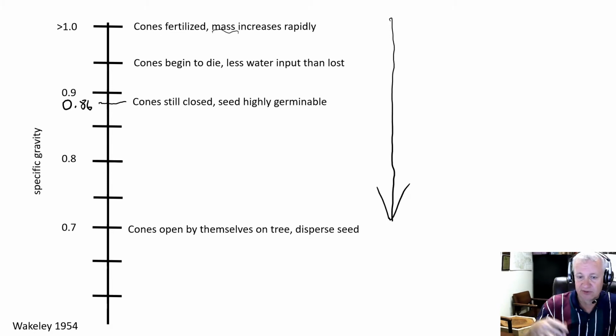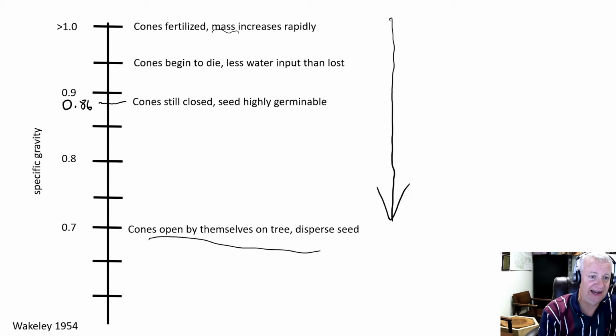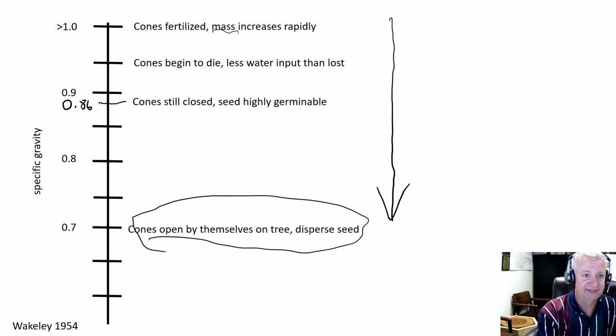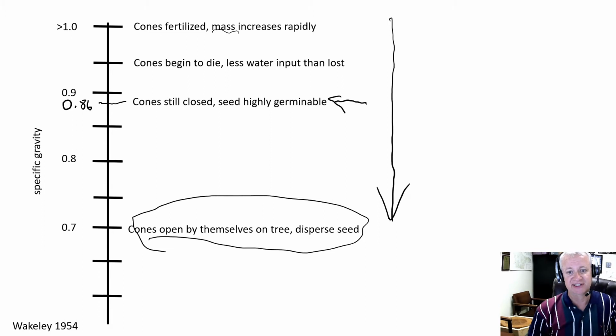Whereas if those cones were allowed to naturally progress, they would continue losing mass and would eventually completely dry out, and they would open up by themselves on the tree and the seeds would disperse. So this is the point right here when cones can be harvested from the tree. They're still closed, but then they can be dried under controlled conditions, and the seed can be extracted and used for artificial regeneration.